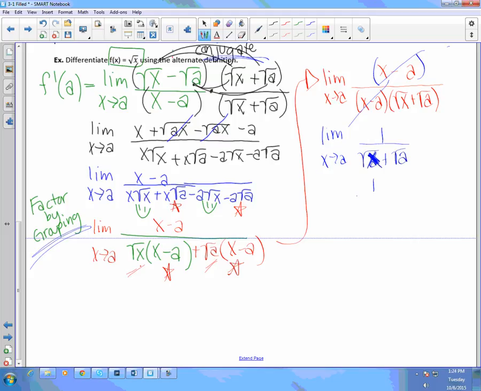So we get 1 over root a plus root a. What is that? Two roots of a, because they're like terms. Good.